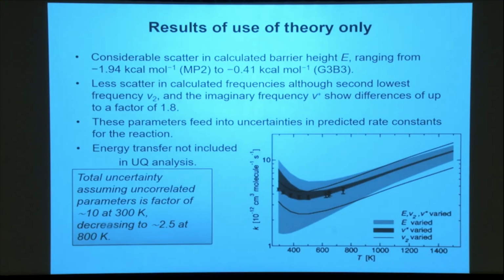And then what they did was they used some experimental data in a kind of Bayesian type approach to try and better constrain these barrier heights and to reduce that uncertainty.